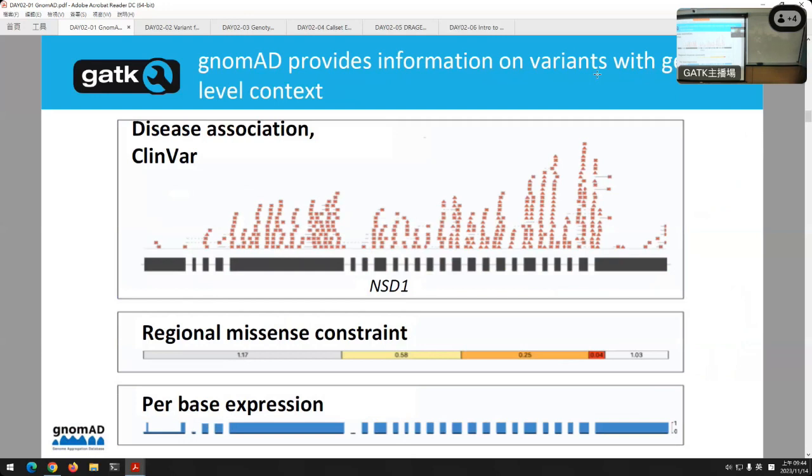We can see that most of the bases in this particular gene are expressed all of the time, but there's a little bit at the beginning where those bases don't tend to be included in the RNA transcripts that were sequenced.